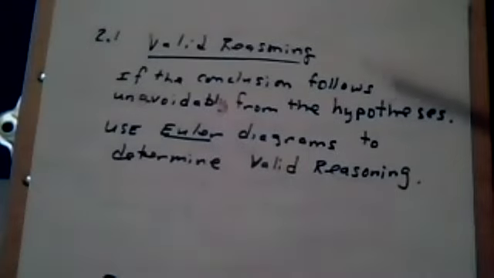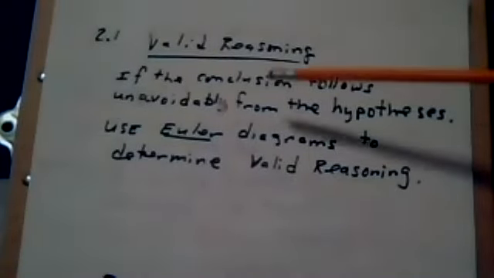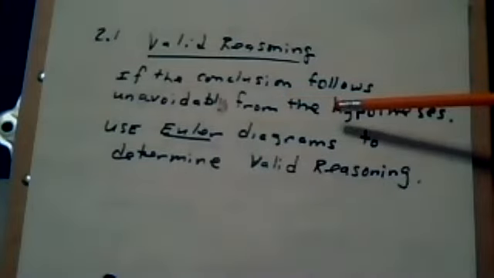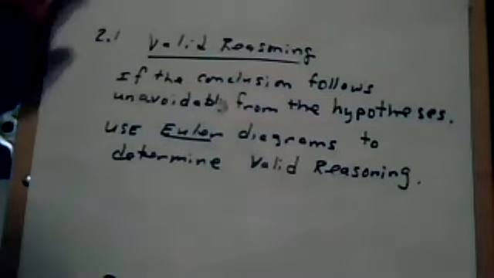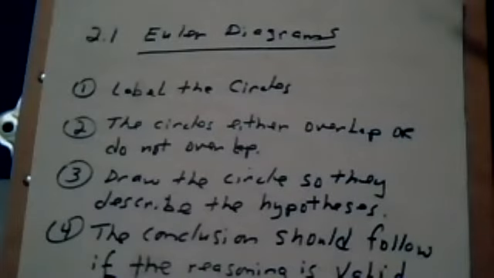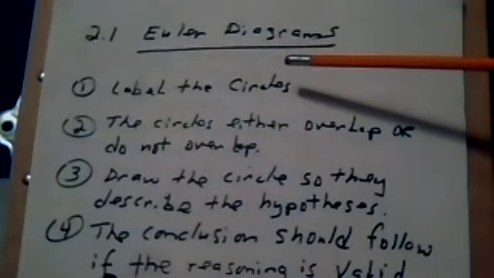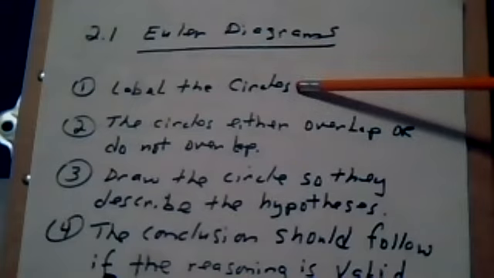Another way of testing or determining valid reasoning is to use Euler diagrams. What do you look out for in an Euler diagram? Well, you're going to be drawing circles, and you're going to label the circles depending on what your statements, your hypothesis, are.